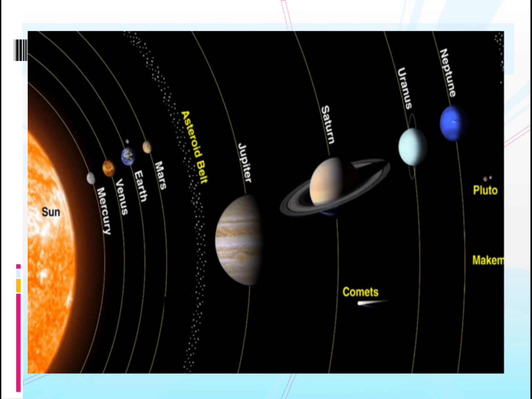Here winds blow with a very high speed, which is 1800 kilometers per hour. It blows very, very fast, and to complete one revolution around the sun, it takes about 30 years.